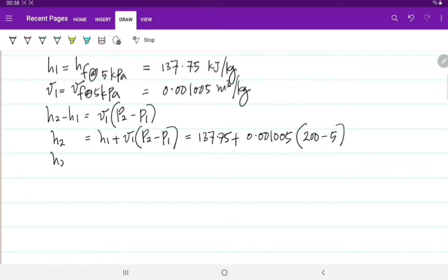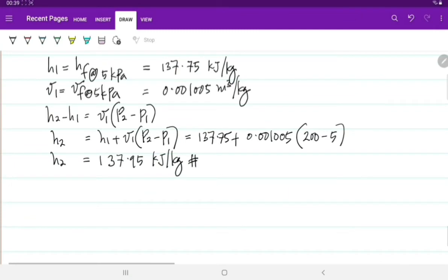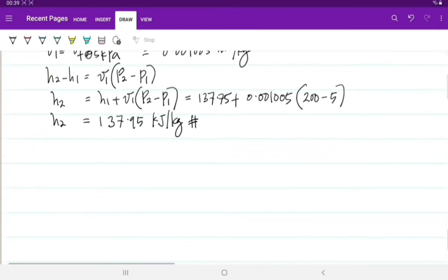So H2 equals, putting it in the calculator, 137.95 kilojoules per kilogram. So that is H2. Then we can repeat for point number 3.